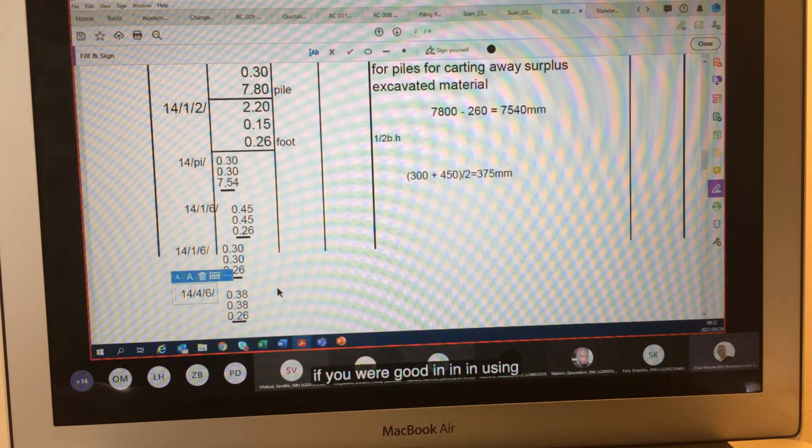If you were good in using the trapezoidal formula, then this one should work for you. I'm just going to do a quick calculation to see whether this would actually work.